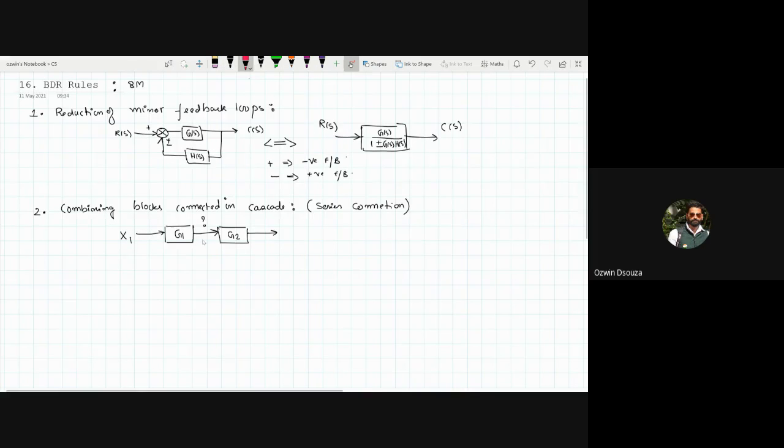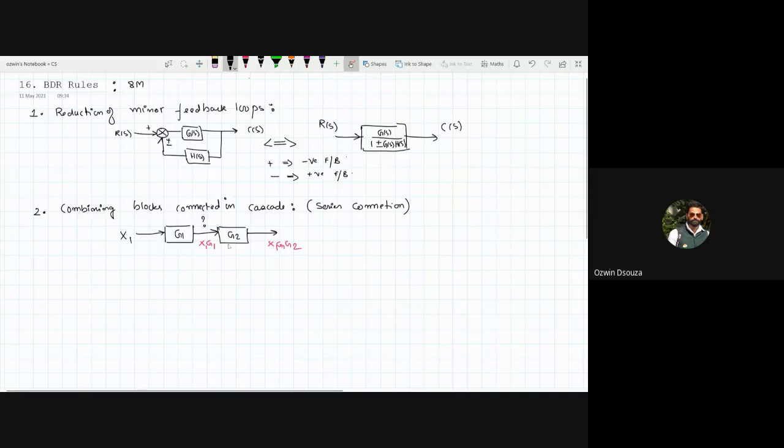The output of the first block is X1 into G1. This X1 G1 is given as input to block 2, and block 2 gives an output of X1, G1, and G2. So this is the output of this particular cascaded system.